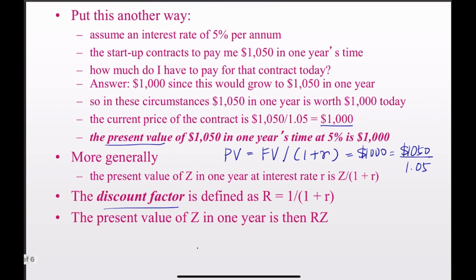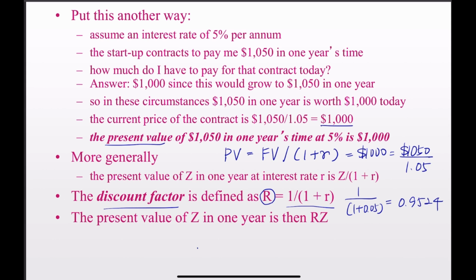Okay, so there's a capital R. It is just 1 divided by 1 plus interest rate. In our example, 1 over 1 plus 5% would be 0.9524, which is our discount factor with a 5% interest rate.